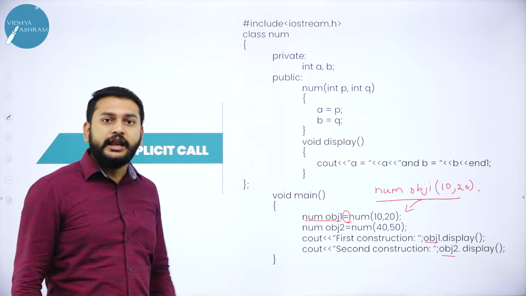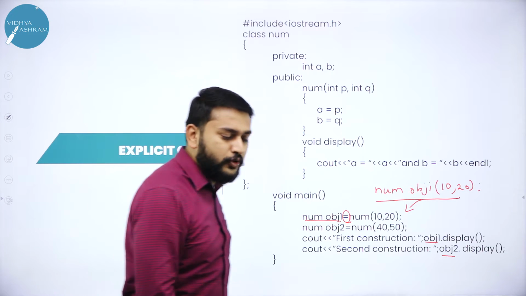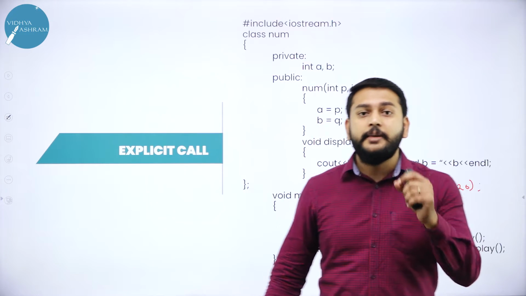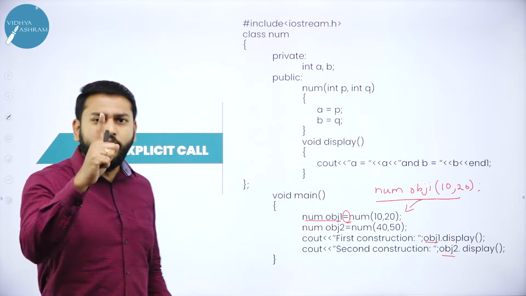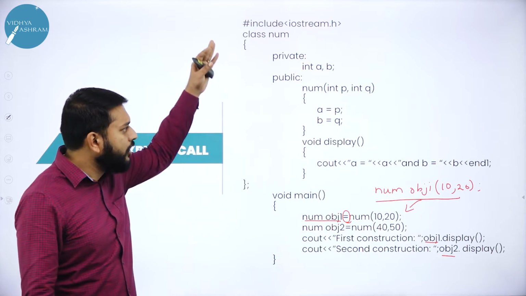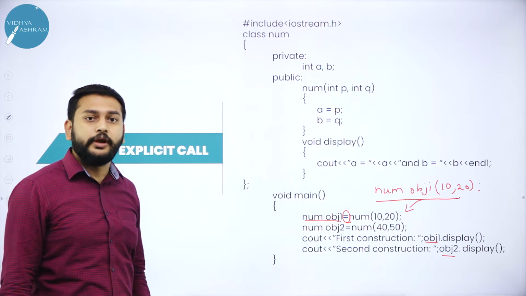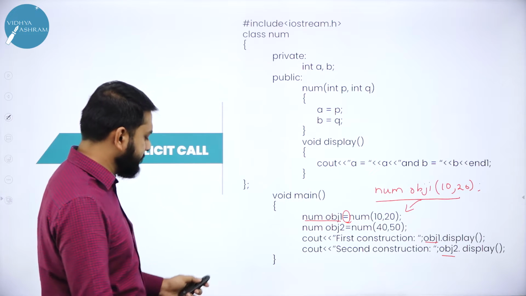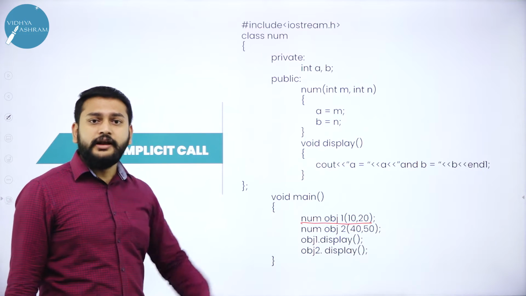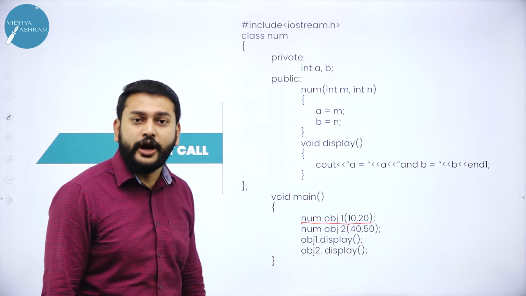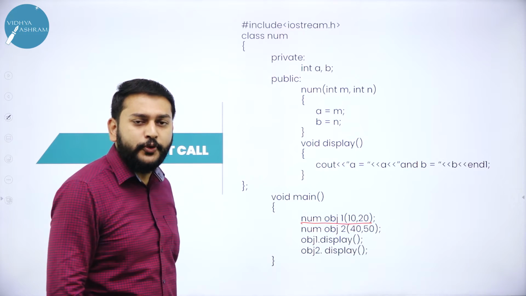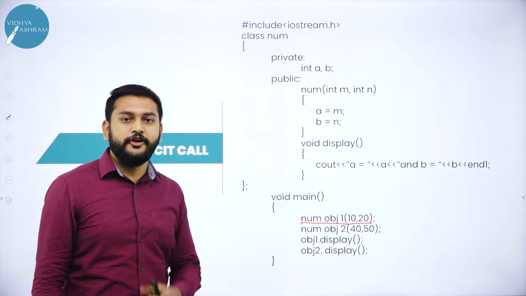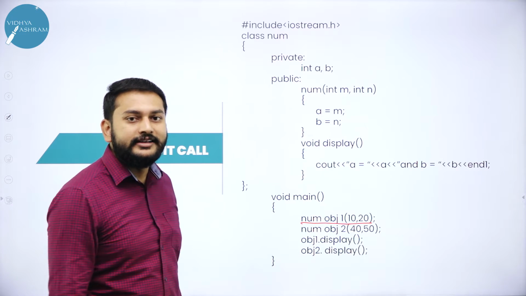They can ask for 5 marks: write a simple program to explain the concept of implicit call or explicit call. You just have to read only 1 line. Only 1 line is different in the entire program. Just read 1 program, and 2 programs are free for all of you. That is what you need to understand.